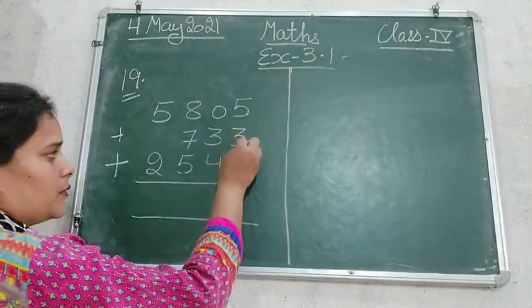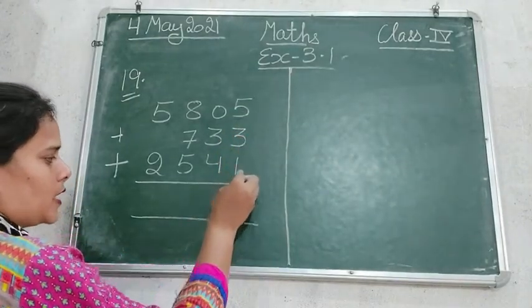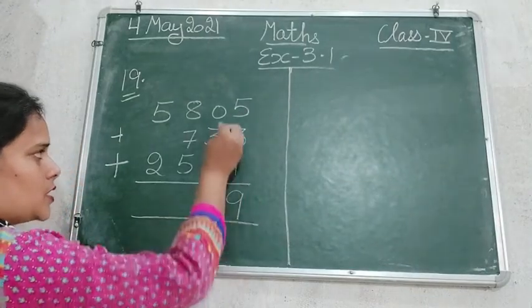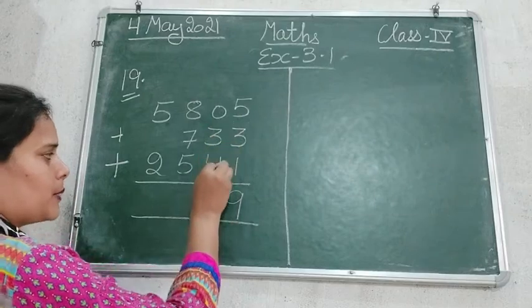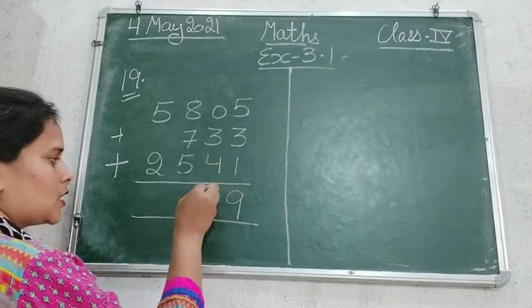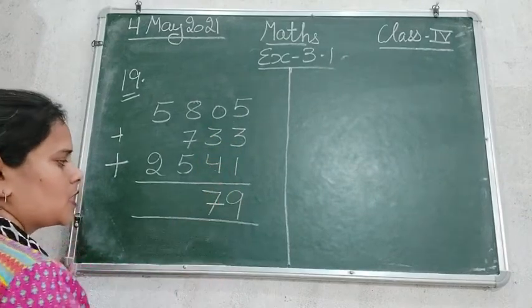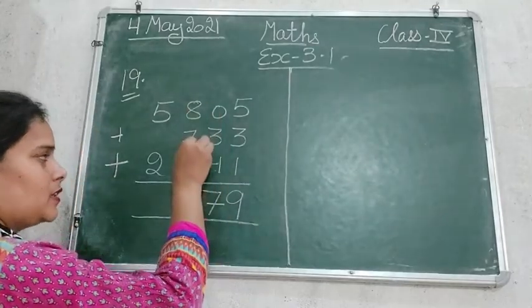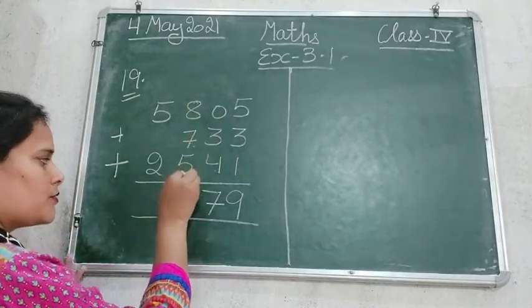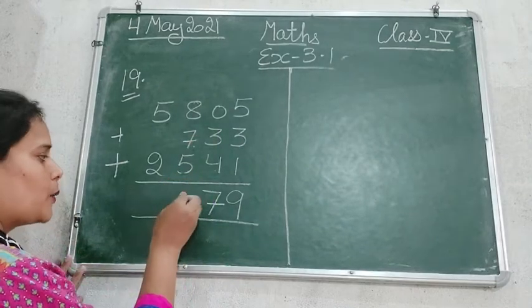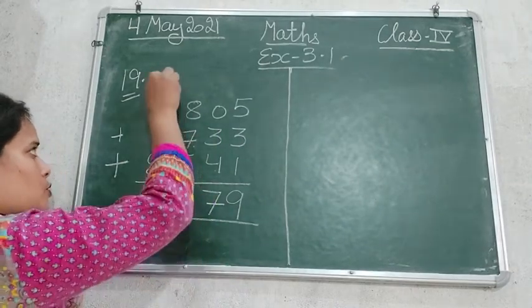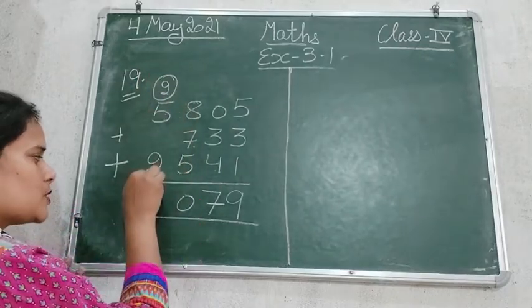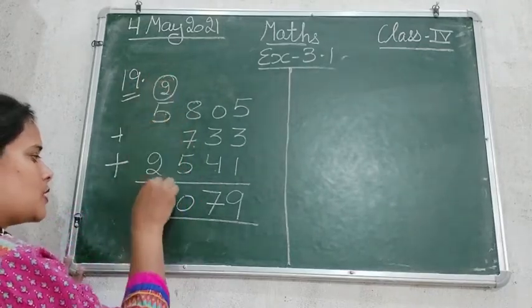5 plus 3, 8 plus 1, 9. 0 plus 3, 3 plus 4, 7. 3 plus 4, 7. Next, 8 plus 7, 15, 15 plus 5, 20, 0. 2 will be carried here to the next number. 5 plus 2, 7 plus 2, 9.